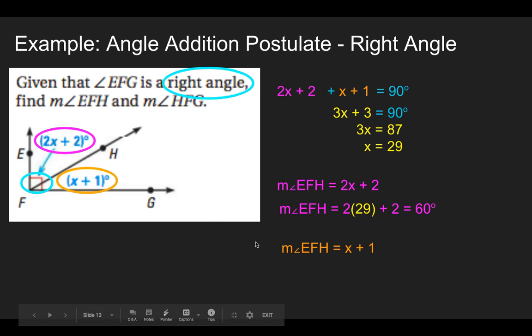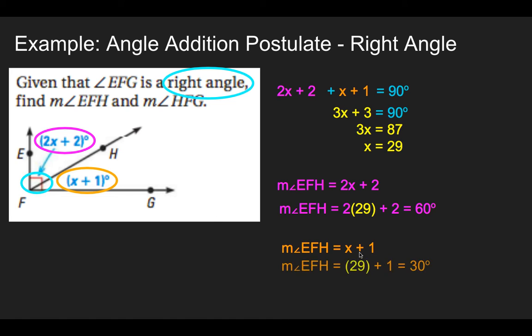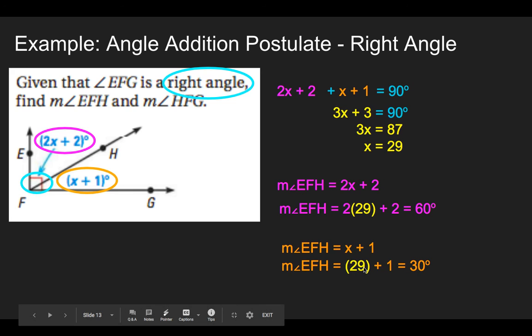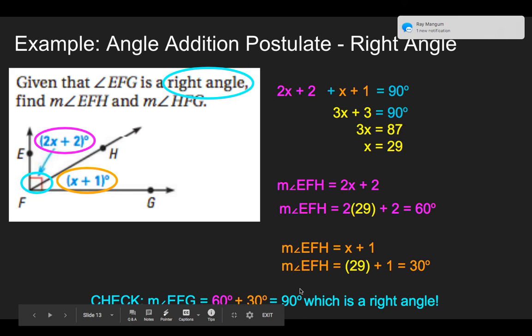I'm sorry, typo. Substituting in your 29, giving you 30. And then check your work by making sure that when you combine 60 and 30, you get 90, which is a right angle.